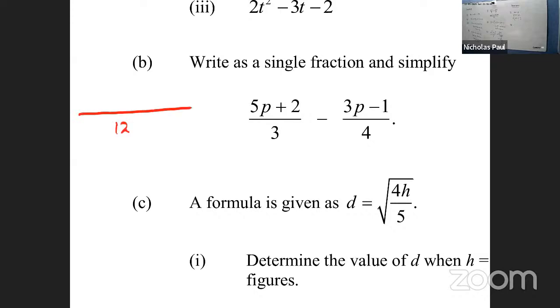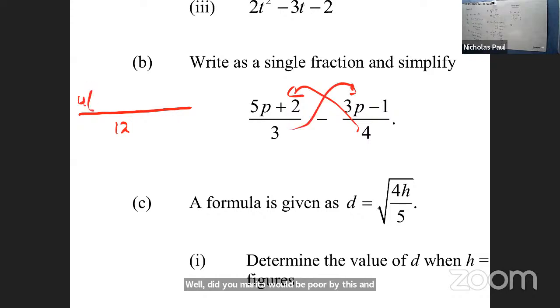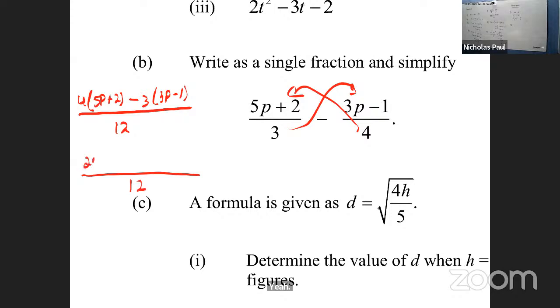The numerator will be 4 by this and then 3 by this. So it will be 4 by 5p plus 2 minus 3 by 3p minus 1. That's okay? Yeah? And then we'll cut it up. That'll be 20p plus 8 minus 9p plus 3. Remember, minus 3 by minus 1, right? That's how I got plus 3.